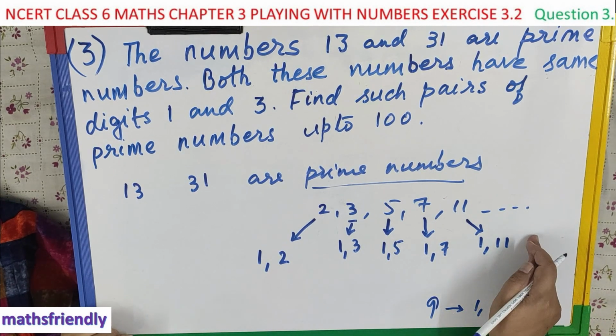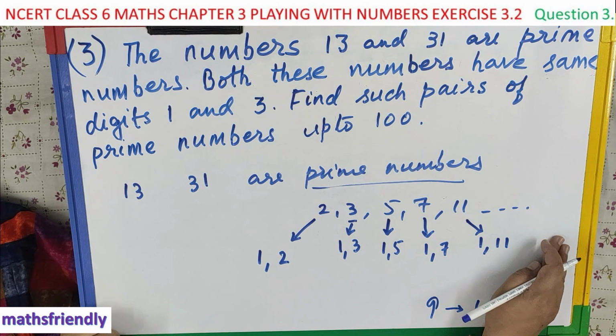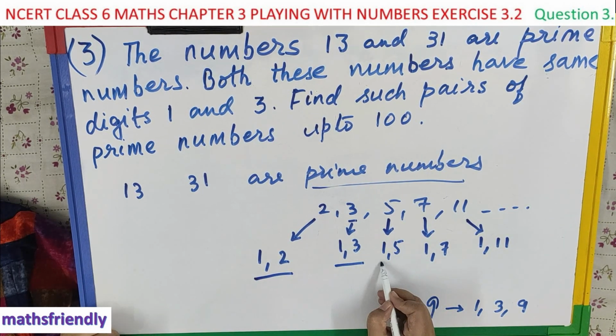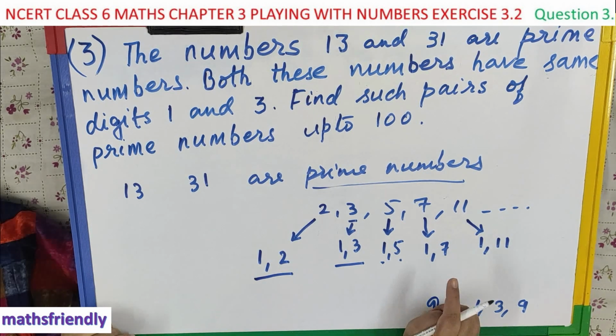If a number comes in some other tables, then it is not a prime number. So a prime number has only 2 factors. 1 and 5 are the factors of 5, so only 2 factors.